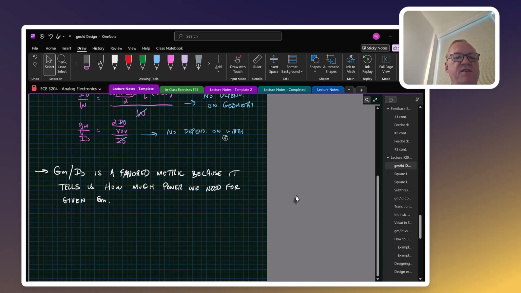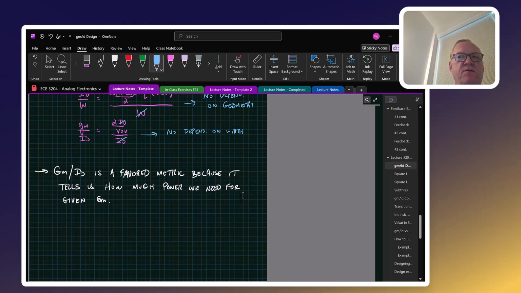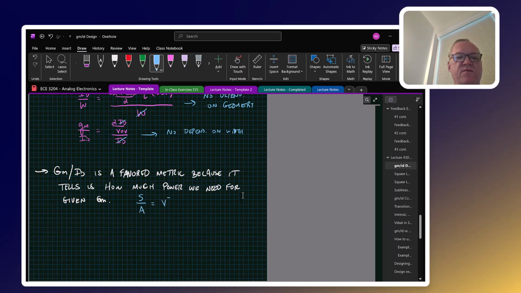The gm over ID is a favored metric because it tells us how much power we need to get for a given transconductance. So the units of gm over ID are Siemens per amp, which is equal to volts inverse.